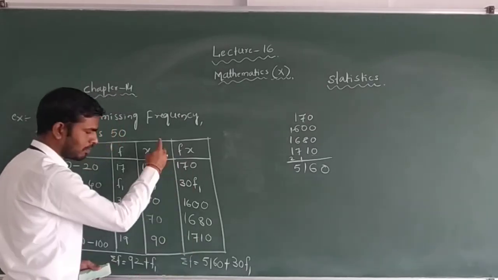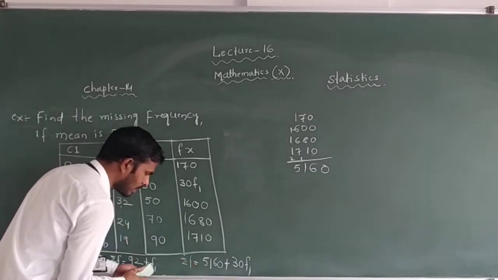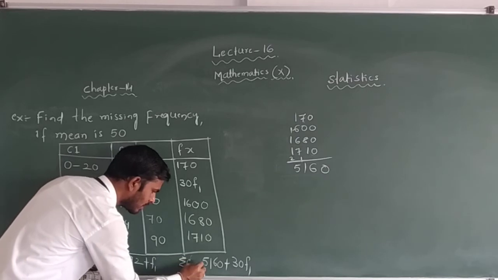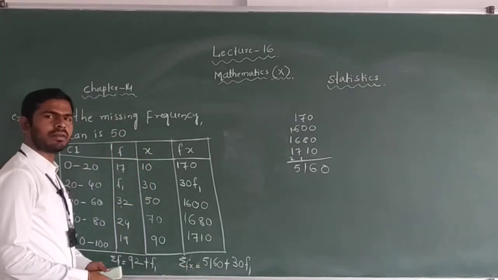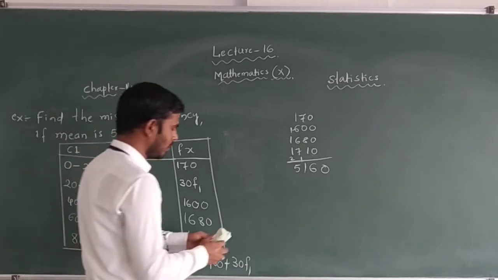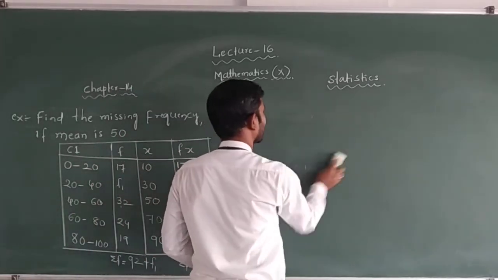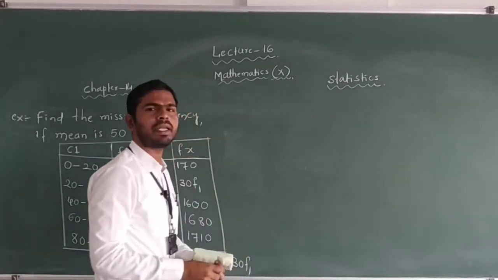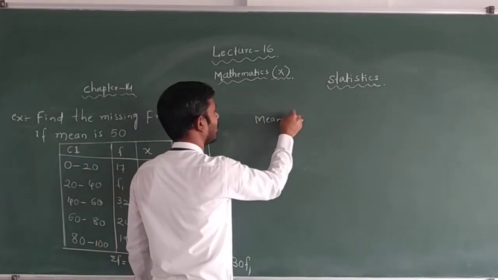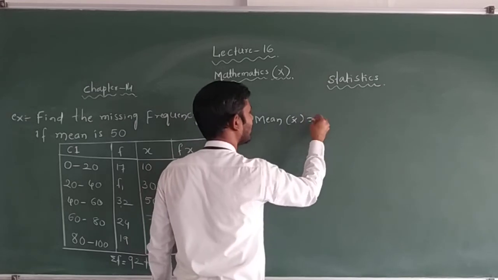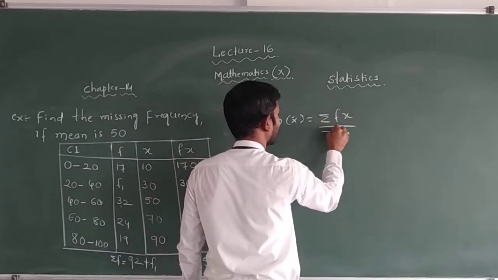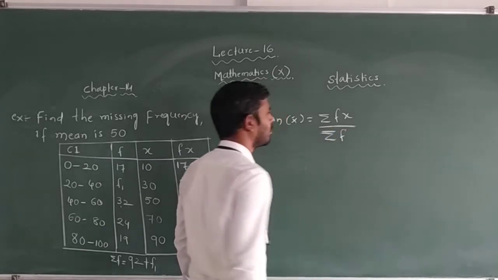Next you have to add to get sigma fx, which is 5160 plus 30 F1. Next we have to use the formula for the mean by the direct method. Mean, or x bar, equals sigma fx divided by sigma f.